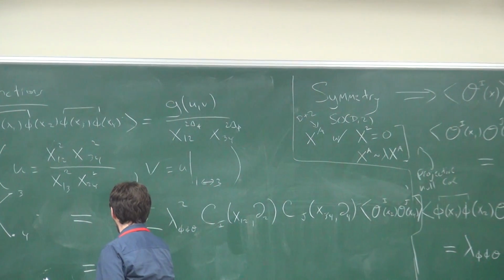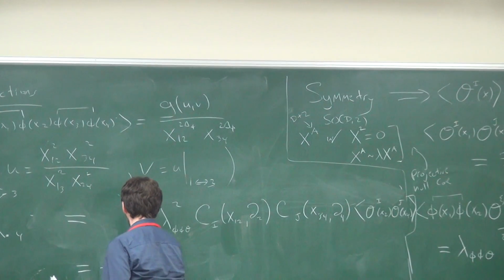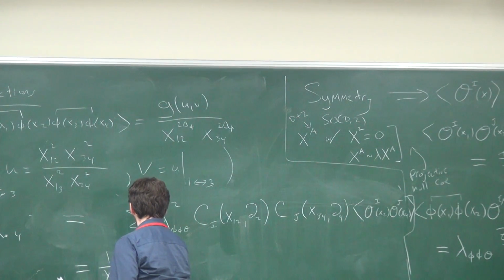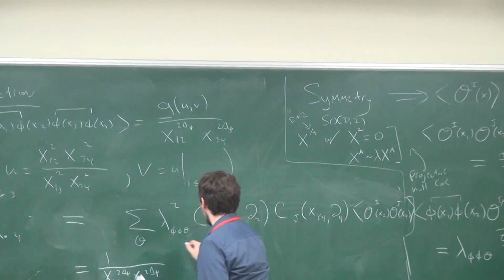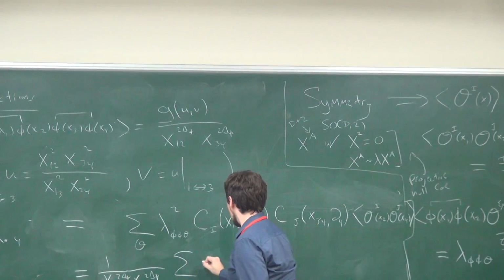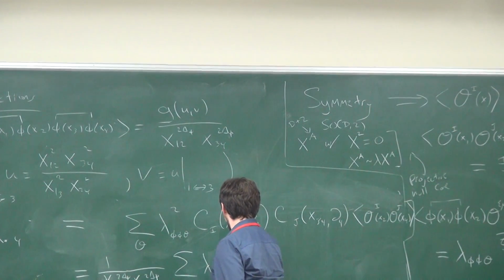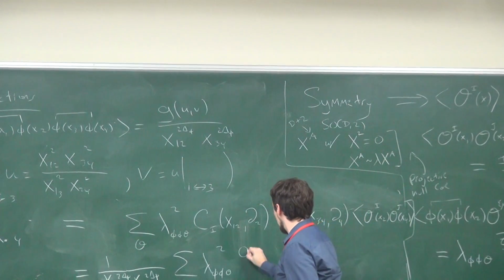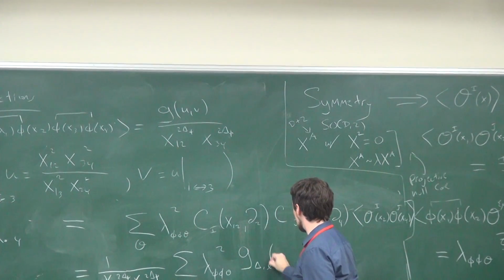With prefactor of x_12 to the 2 delta phi, x_34 to the 2 delta phi, times functions of u and v, and I get one such function for every exchange operator.